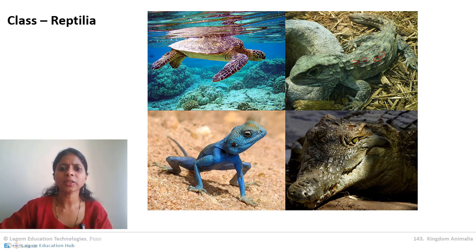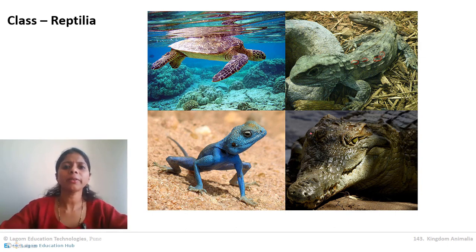Another is also a kind of lizard which has a dry skin, and you can easily see it is located in the desert condition and its adaptations are for the desert condition. Now another example of reptile is crocodiles. Crocodiles, alligators, all of them are included in reptiles.